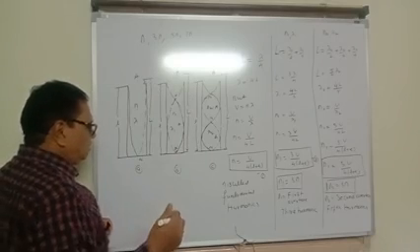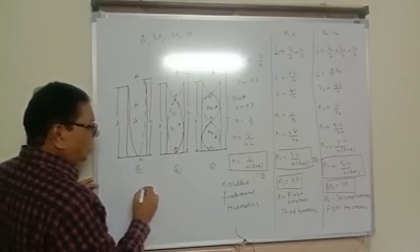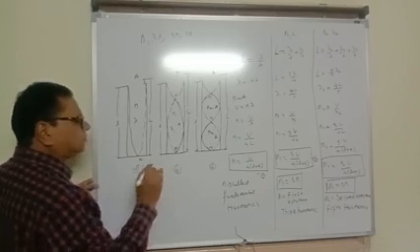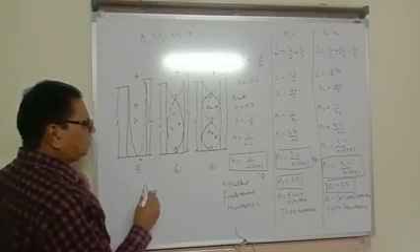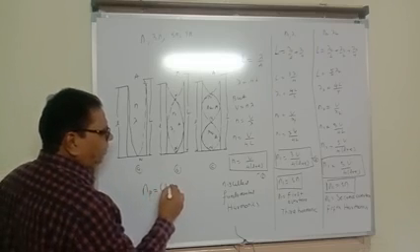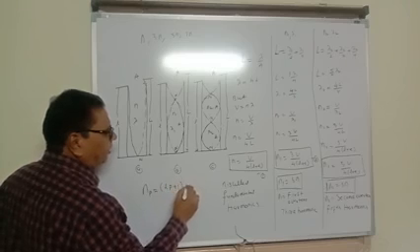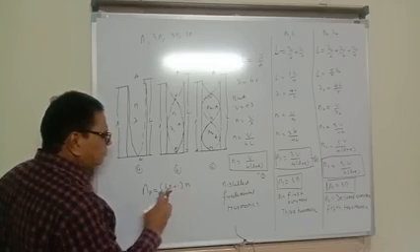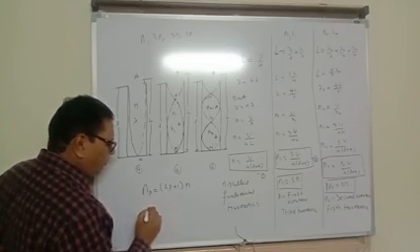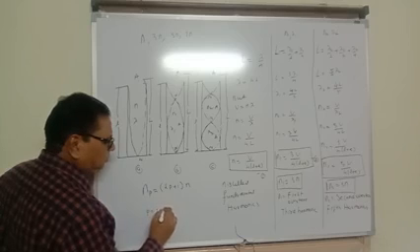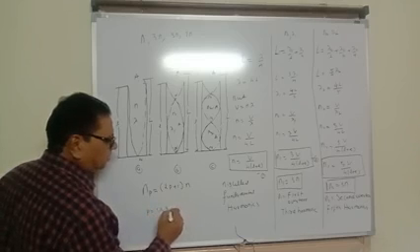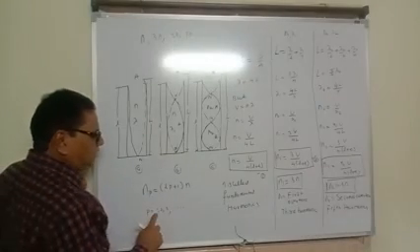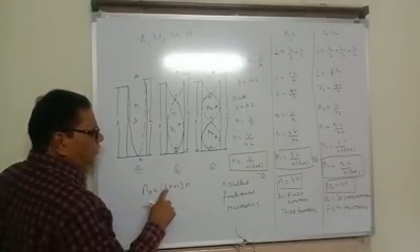Or frequency of vibration of air column in pth overtone is given by (2P plus 1) into N. What is N? N is the fundamental frequency. P is the overtone, where P is equal to 1, 2, 3, and so on. If you substitute 1, first overtone, we get 3N.